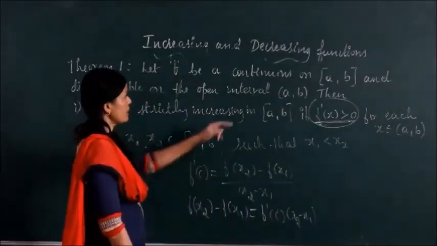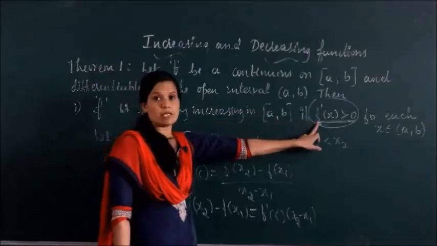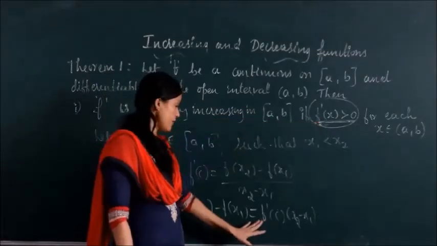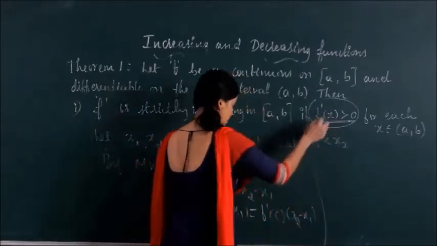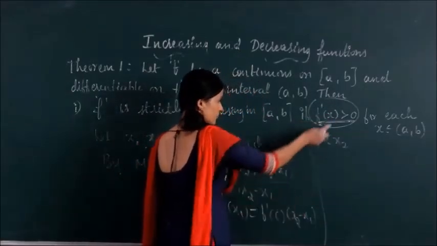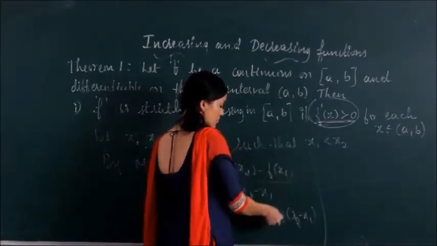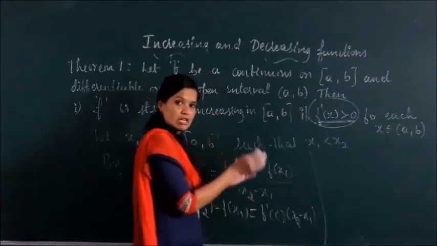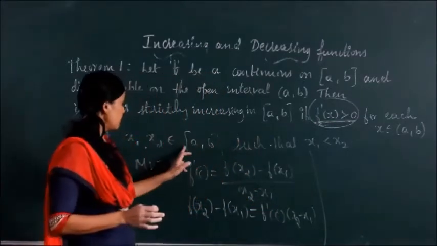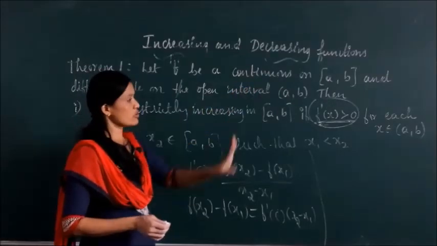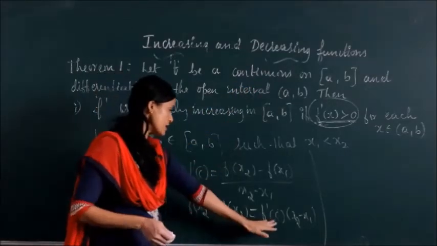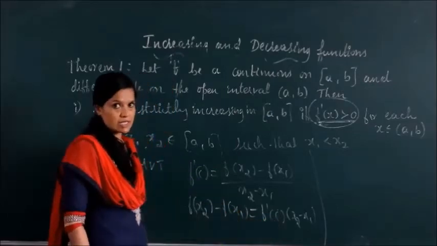But it is given that f dash of x is greater than 0. So c is one particular value in the given interval a, b, and I can consider that f dash of c is greater than 0.